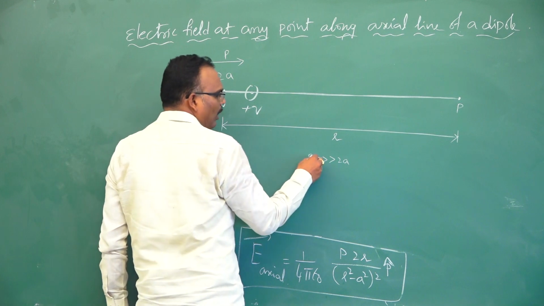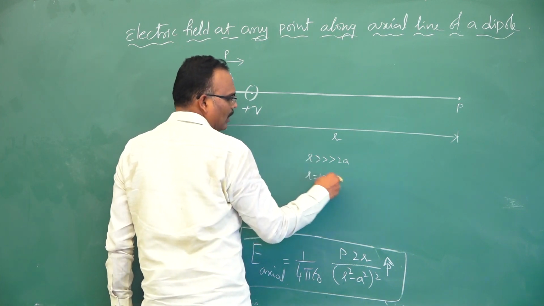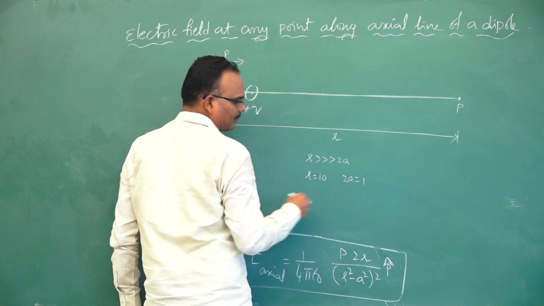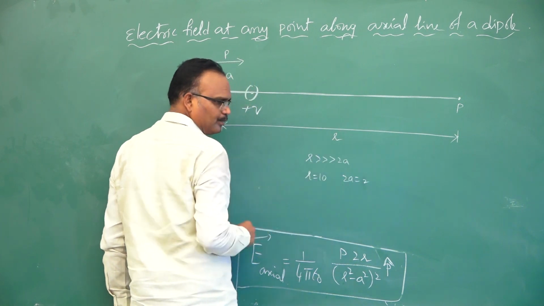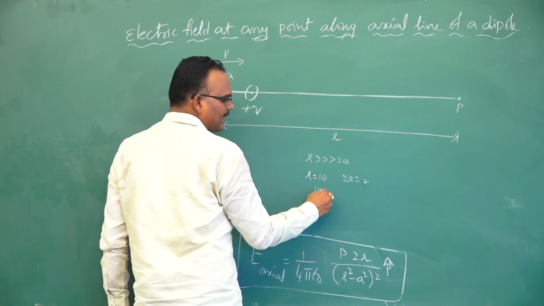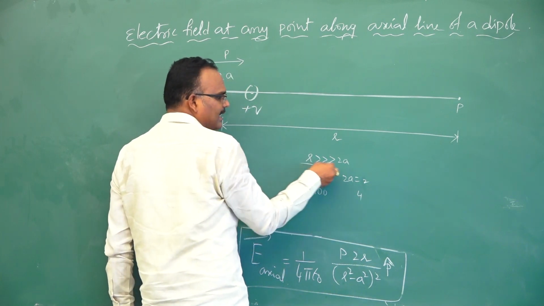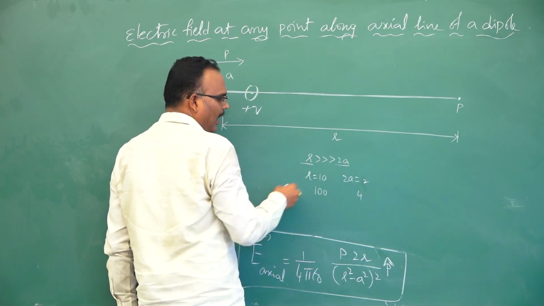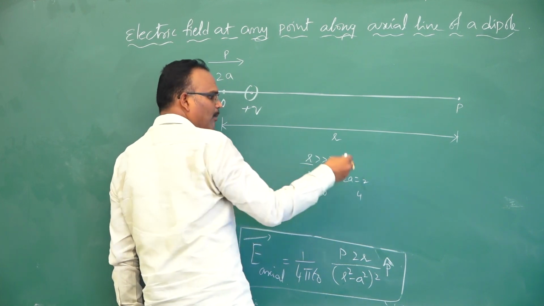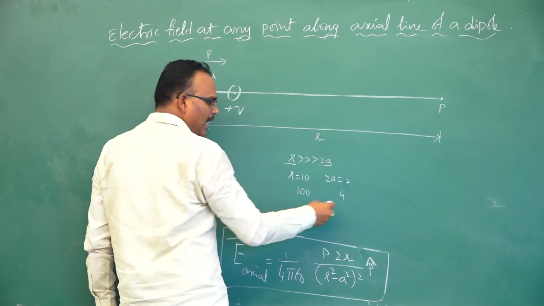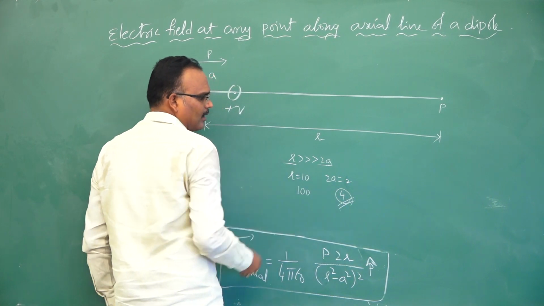For example, if r value is equal to 10 and 2a value is 1, or maybe you take 2, r square is 100, 2 square is only 4. So if r is greater than a, r square is very large compared to a square. So a square can be neglected.